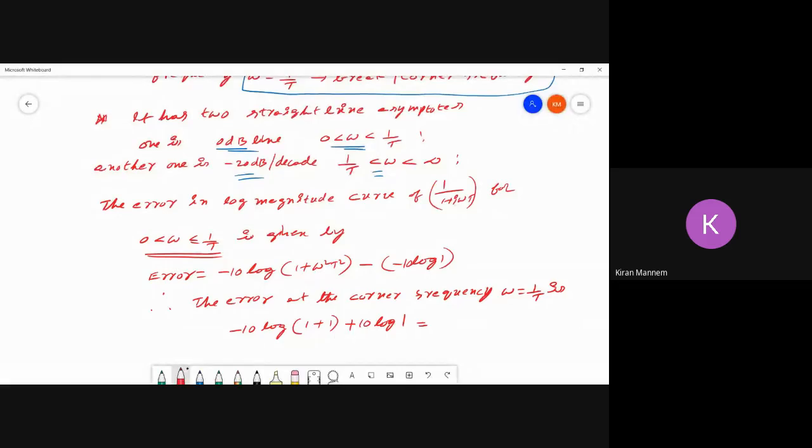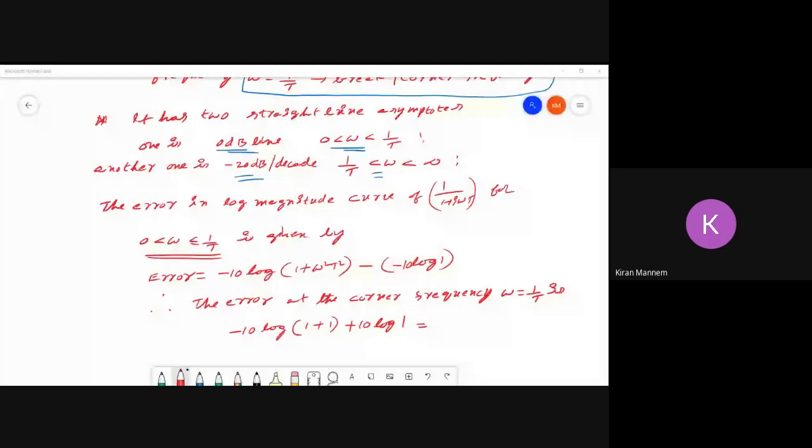Or someone calculate the value? Rishita?